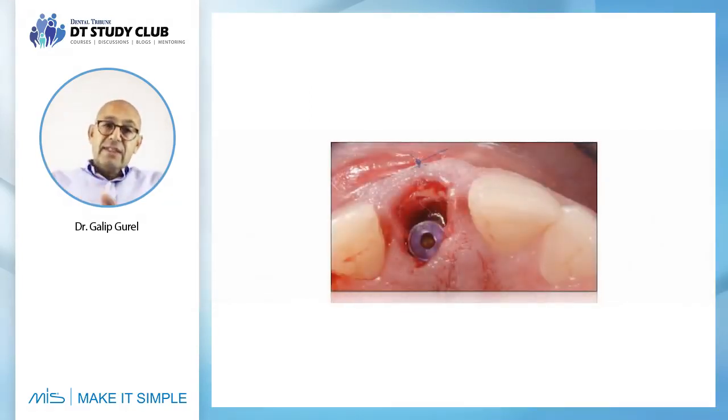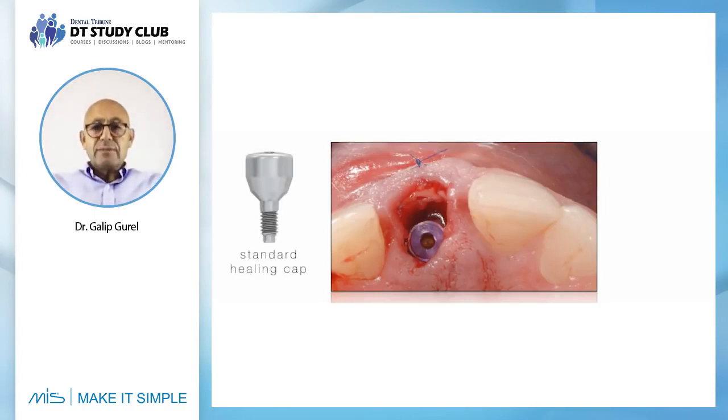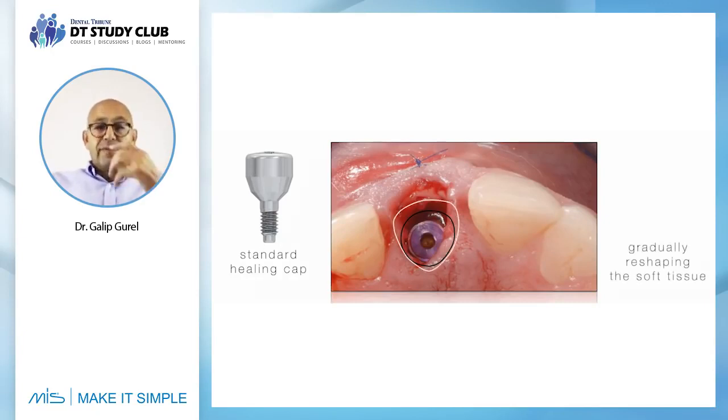Well, after this, why do we do this? For the simple reason that if we had only used a standard healing cap like we did in the previous cases, it is okay, but once the site is healed, we would have only that much space retained in the socket. And then when we wanted to get the final design, every time it would take like 3-4 approaches like we tried in the past case.